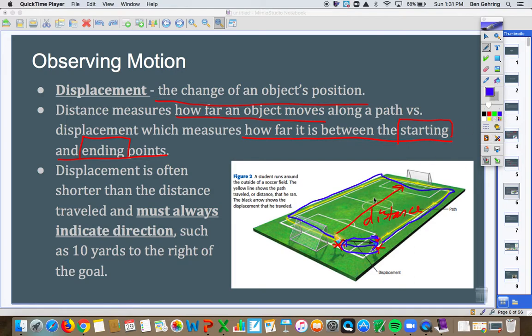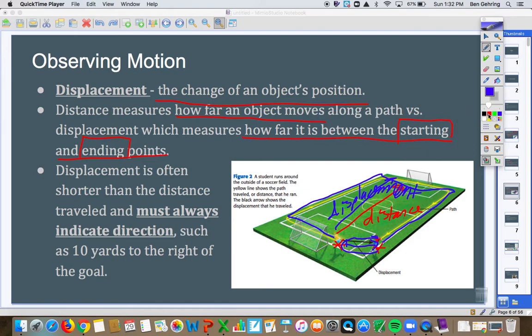Their displacement would also be this far. In that case, they would be equal. Otherwise, displacement is always less than distance, or distance is always greater than displacement.